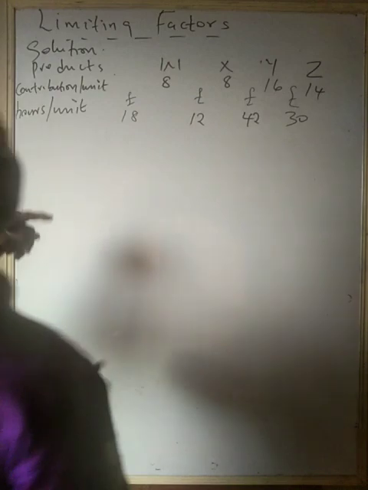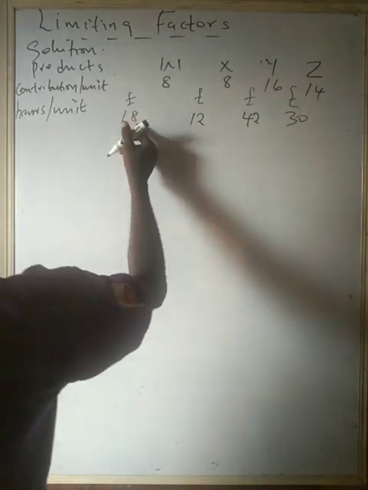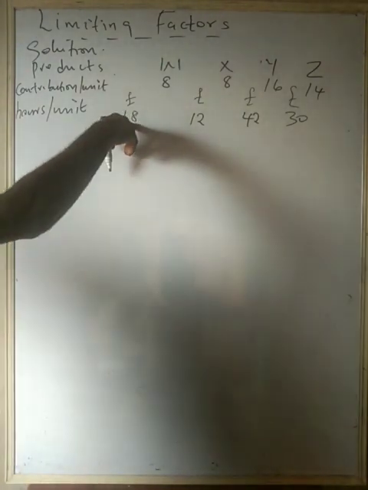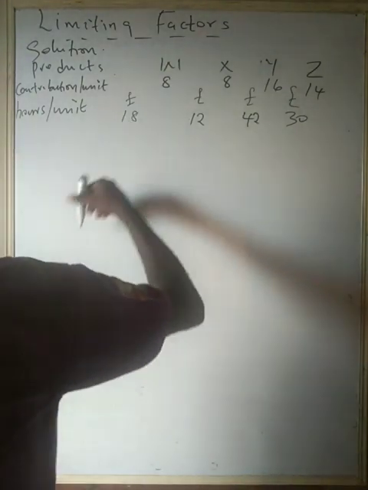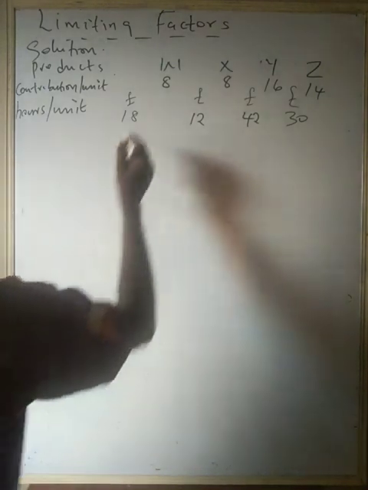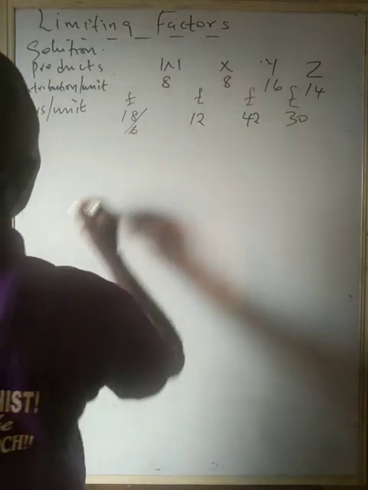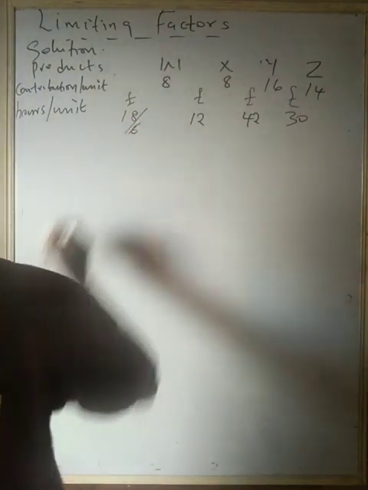Divided by, this 18 is pounds per unit of labor hour. Divided by pounds per hour, which is 6, which I've demonstrated before.